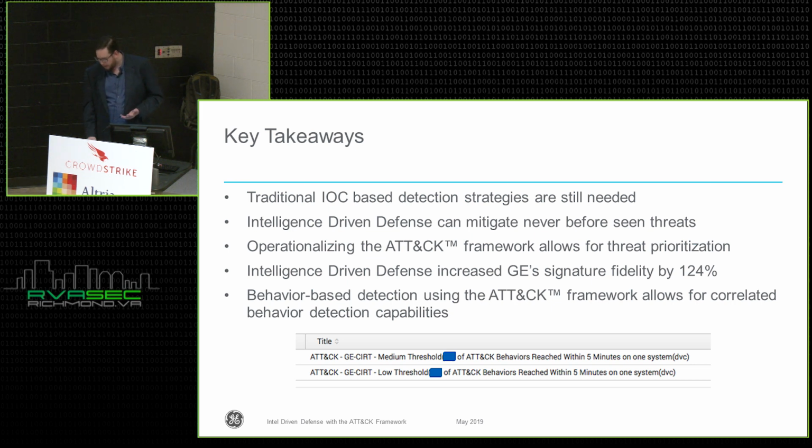So traditional IOC processing is still necessary, but you can automate this. You can spend more time on developing these behavioral-based signatures. The intel-driven defense using the ATT&CK framework helps to detect threats where IOCs may not exist, whether that's a new malware family entirely or just a new variant.